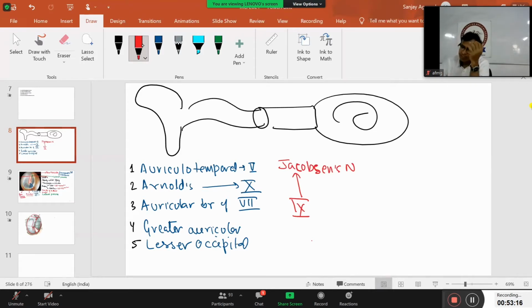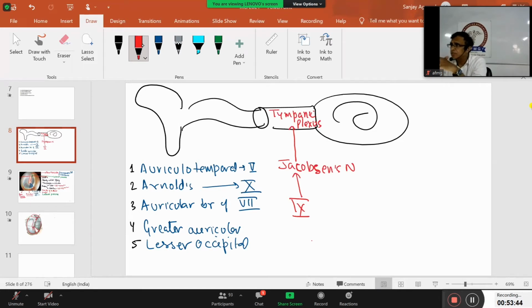And after entering the middle ear, it forms a plexus called the tympanic plexus. And ultimately, it is this tympanic plexus that will supply all the walls of the middle ear.